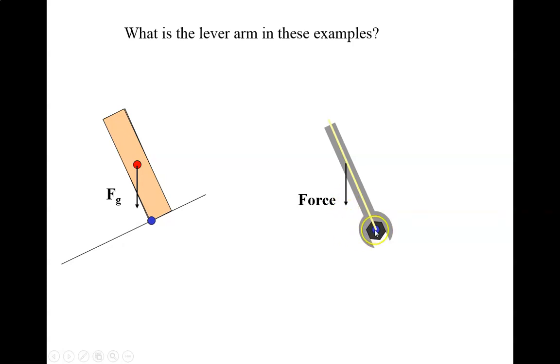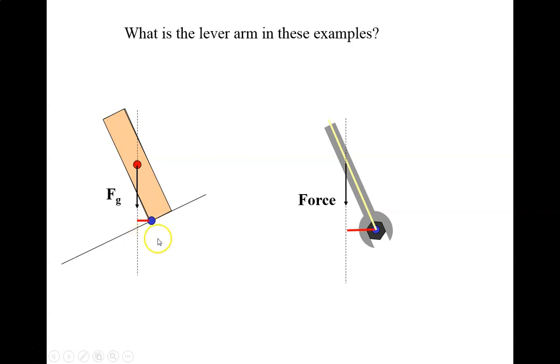So it'd be this distance right here. This lever arm distance would be the distance from this corner to where the force would come down. And that's going to be my lever arm here. And here we've got it shown a little bit better.